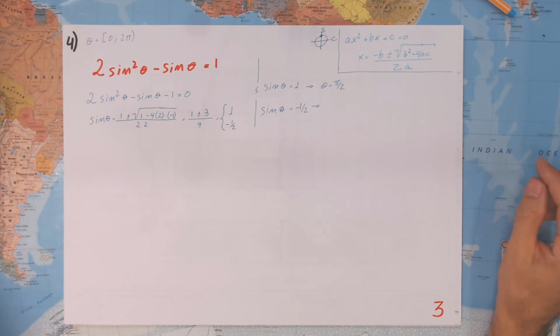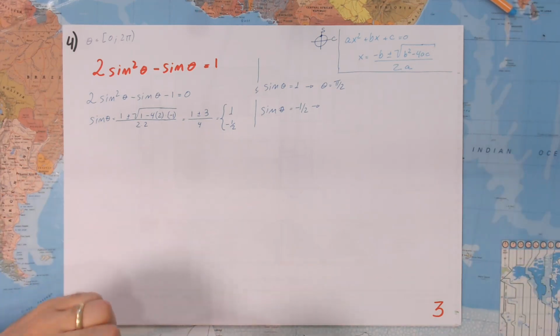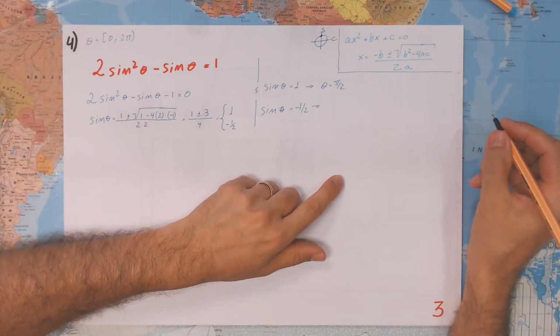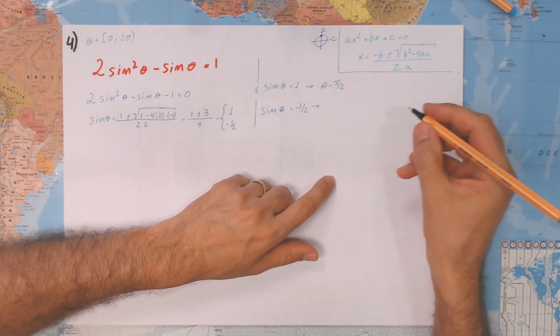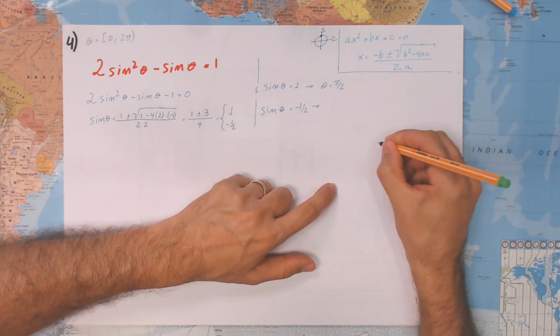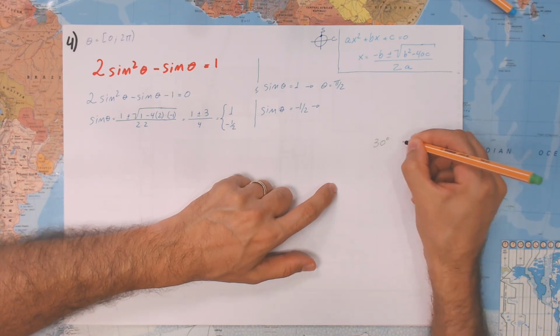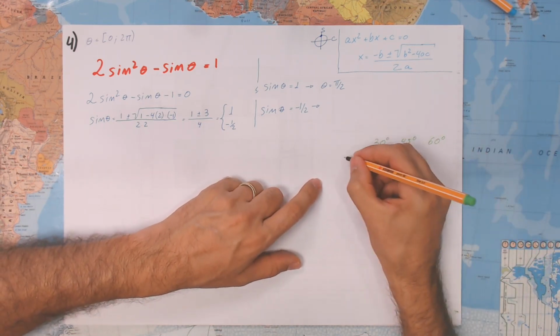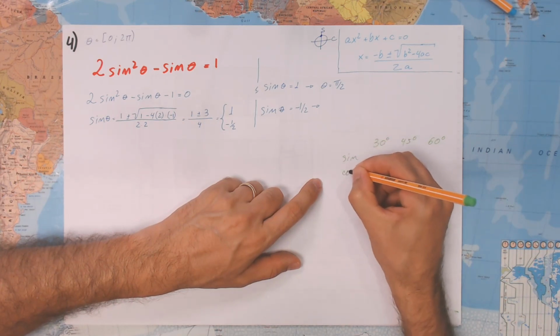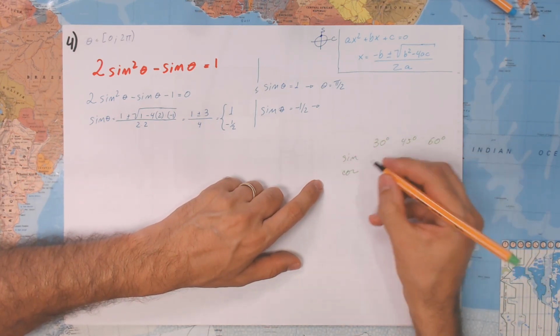Where is my green? Oh, it's in here. Well, I like to write like this. This is the sine. Let me write right in here. 30 degrees, 45 degrees, 60 degrees. Sine, cosine, and then the tangent.